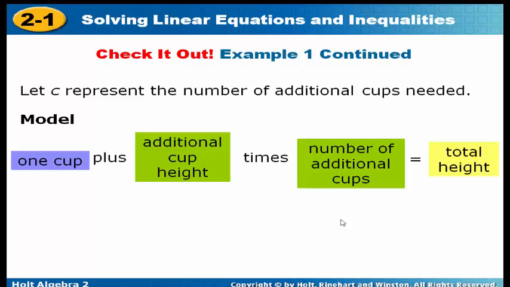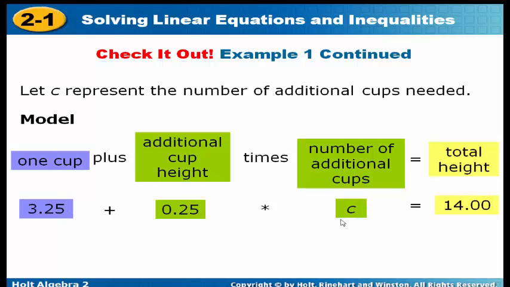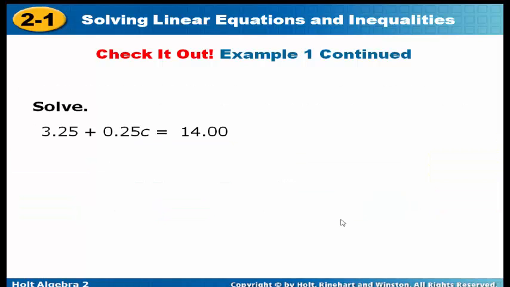So again, total height equals one cup plus additional cup height times number of additional cups: 3.25 plus 0.25 times C equals 14. So now it's an equation to solve. 3.25 plus 0.25C equals 14.